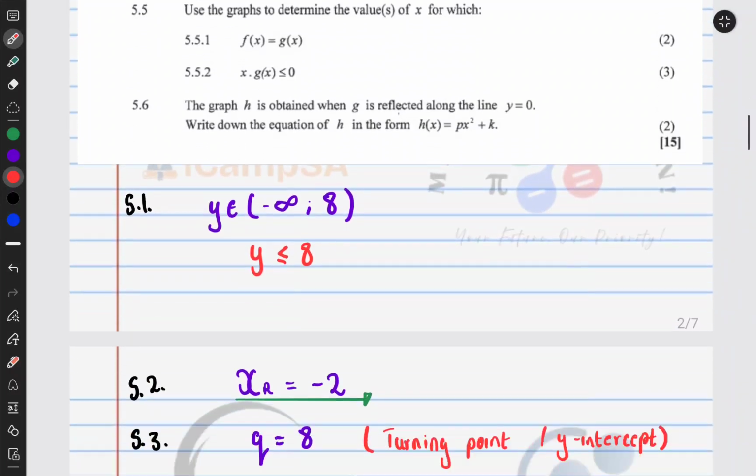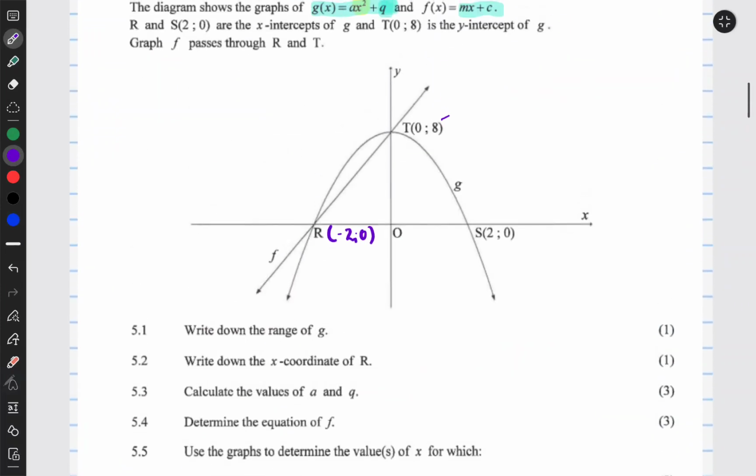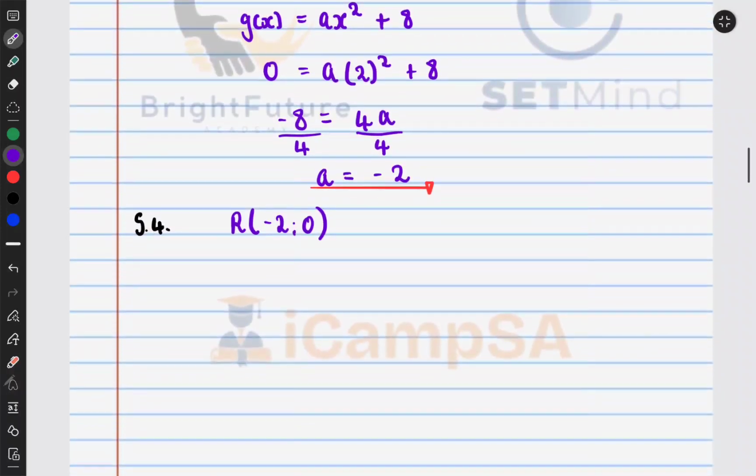So for 5.4, let's start by writing down the coordinates that we have: R, which is (-2; 0), and T, which is (0; 8).